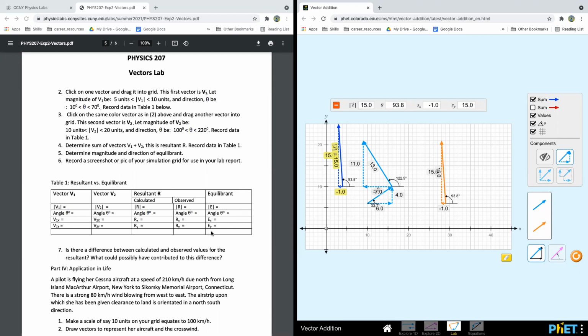And then the X and Y, because they're totally opposite, let's say this one represents the equilibrium. So this will be the equilibrium of the sum of the resultant.